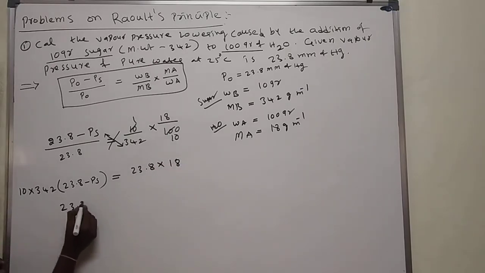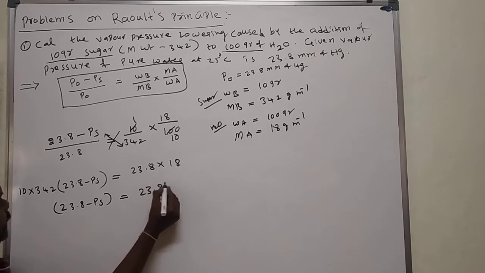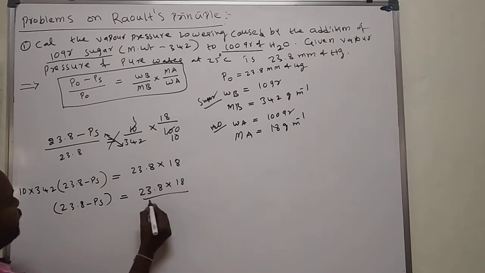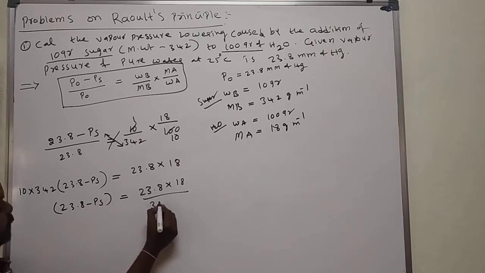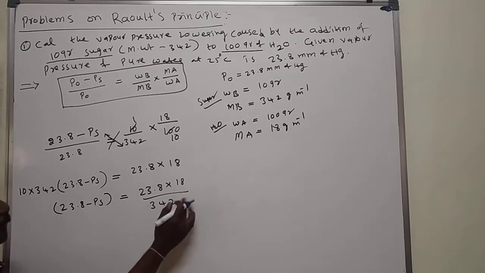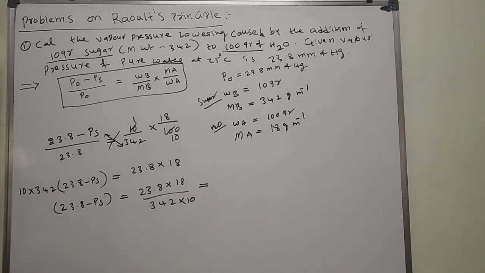Then 23.8 minus Ps is equal to 23.8 into 18 by 342 into 10.